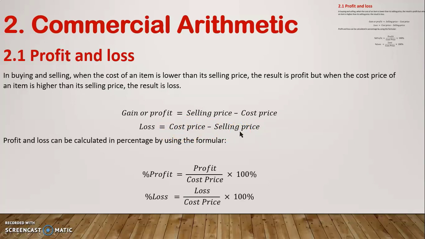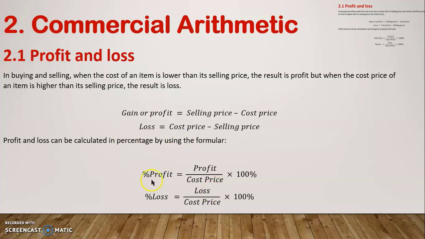When we want to get the percentage profit or the percentage loss, the percentage profit is the profit divided by the cost price, times 100%, while the percentage loss is the loss divided by the cost price, times 100%. Let me establish something here.